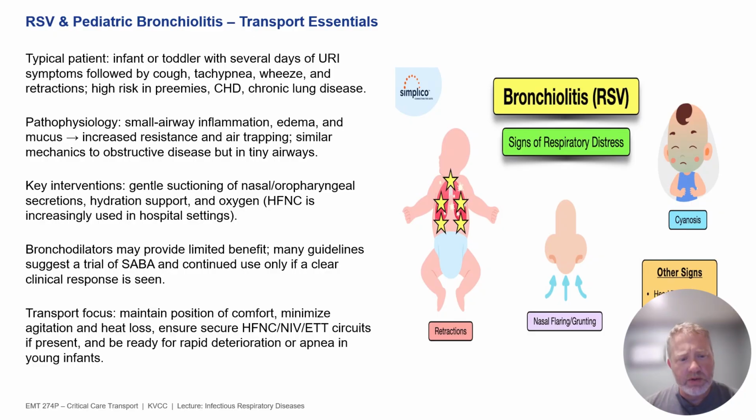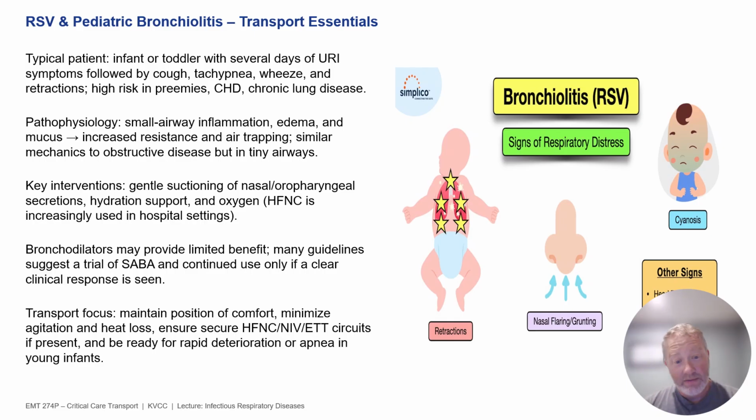The biggest thing to focus on when transporting patients with bronchiolitis, RSV, is to make them as comfortable as possible. You're not going to fix the issue. Minimize agitation, minimize heat loss, ensure that if they're on any kind of adjunct or supplemental therapy like high flow nasal cannula or BiPAP, or even if they're intubated, make sure that the circuits are heated if at all possible, and that you're doing everything you can to make the patient comfortable.